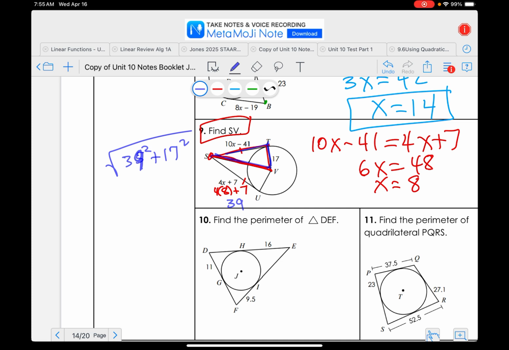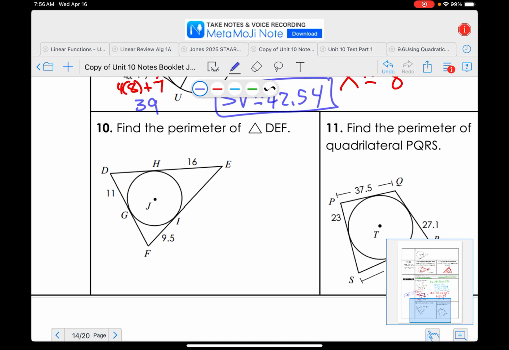Sorry guys, I had this wrong on my notes. My calculator's not pulling up. All right, so we're gonna do square root of 39 squared plus 17 squared. And we get 42, so SV is 42.54. Hopefully I did not do something wrong. That looks odd.